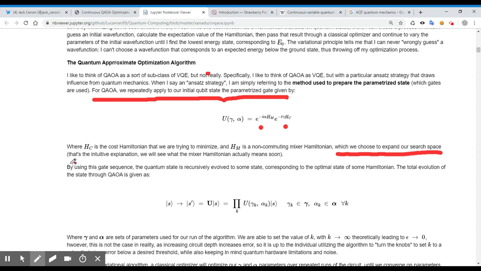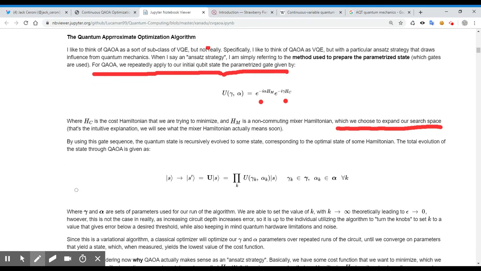Okay. By using the gate sequence, the quantum state is recursively evolved to some state corresponding to the optimal state for some Hamiltonian. The total evolution of the state through QAOA is given as this: the unitary applied to the state S equals the product over k of a set of unitary gates applied to S with its own parameters.